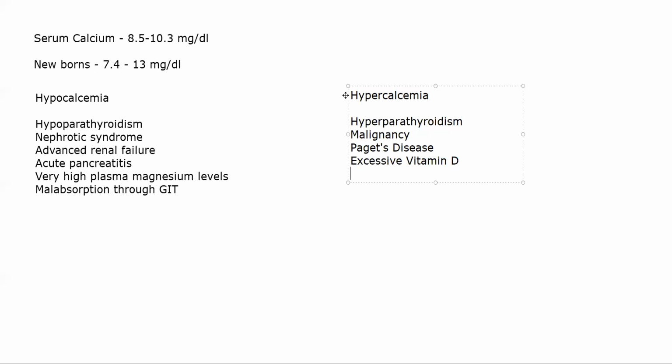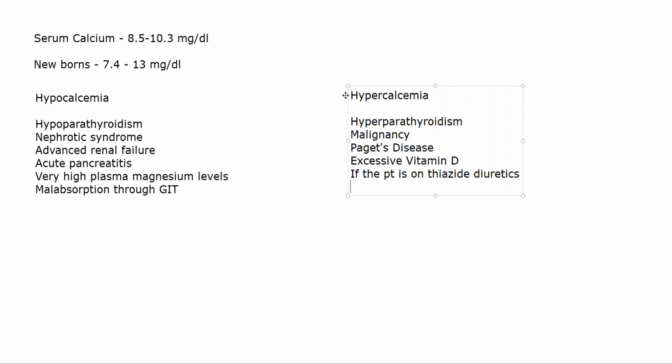Or if the patient has sarcoidosis, some cases of sarcoidosis present with hypercalcemia. If the patient is on thiazide diuretics, they will decrease excretion of calcium.